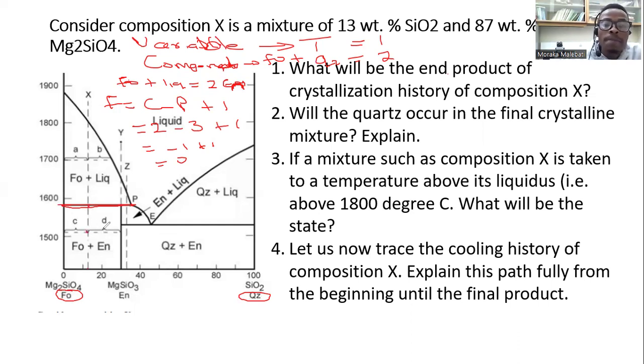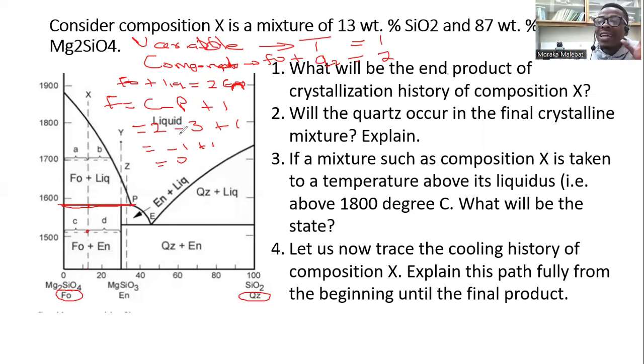Then when we are here, if we want to know the proportion, we must use the lever rule, because now all of the liquid has been consumed by this reaction.